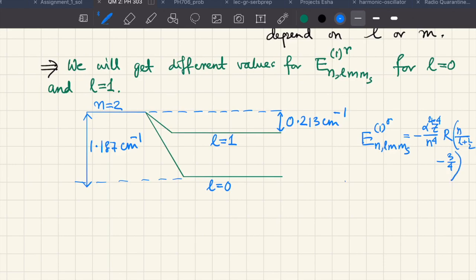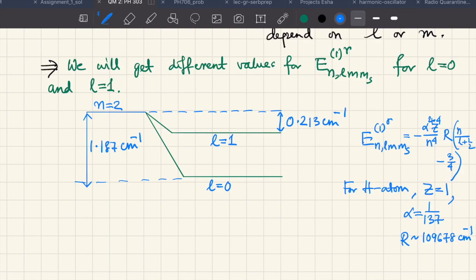And for H, hydrogen atom, Z is equal to 1, alpha is 1 by 137, and R has the value 109678 centimeter inverse.